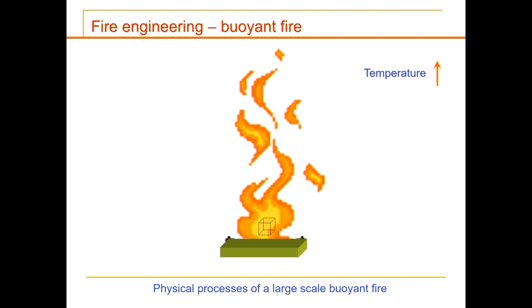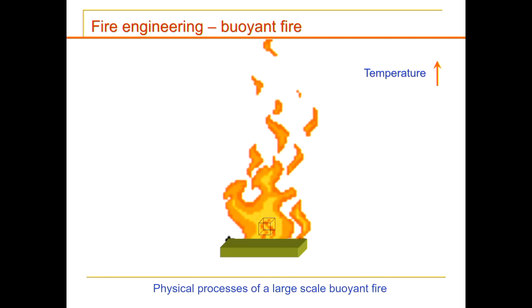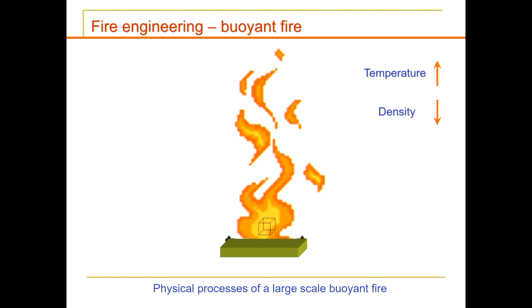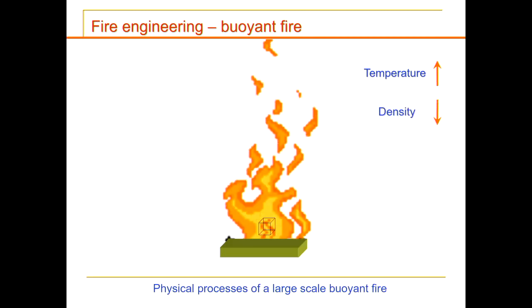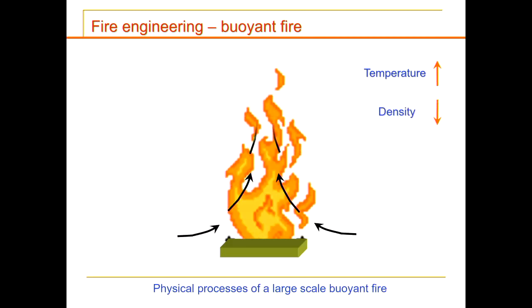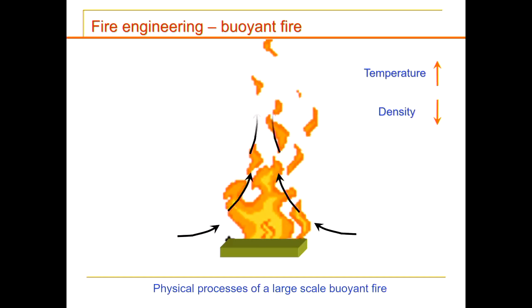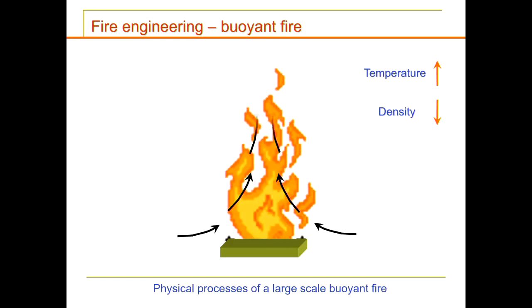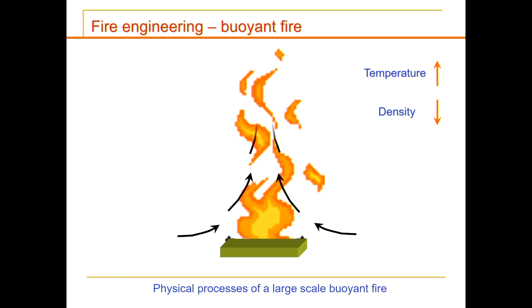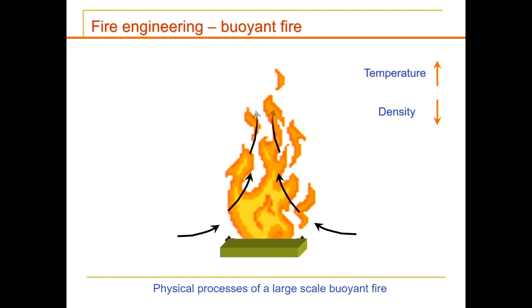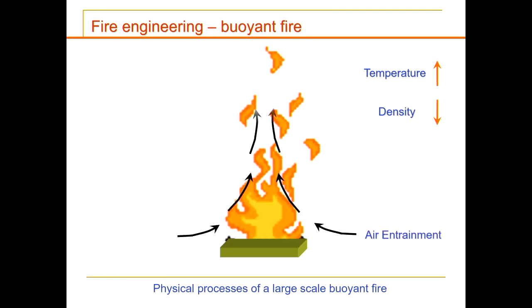Because hot air rises, cold air drops. And then your density drops because of your temperature. Then you have air entraining into the fire to sustain the flaming process. The air flows into the campfire to sustain the flaming.